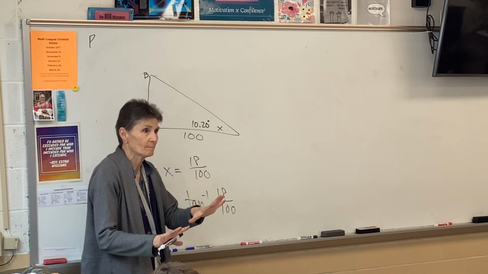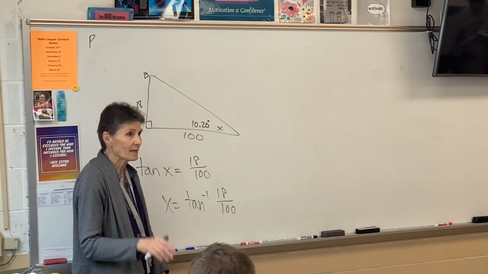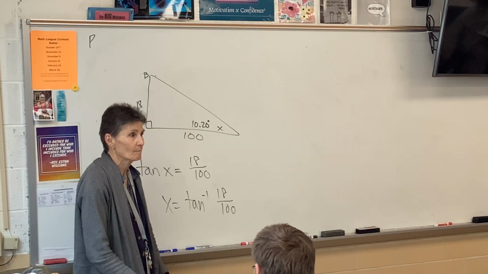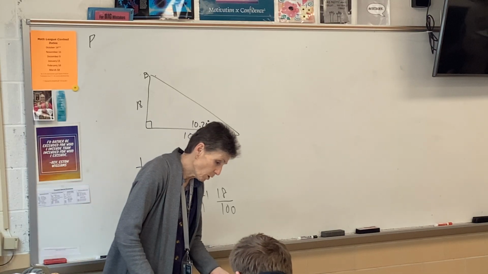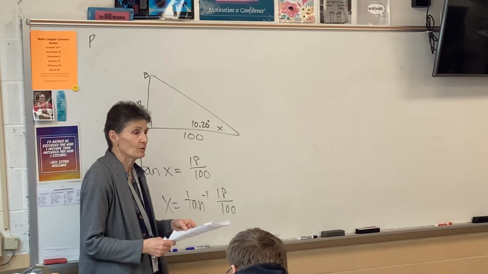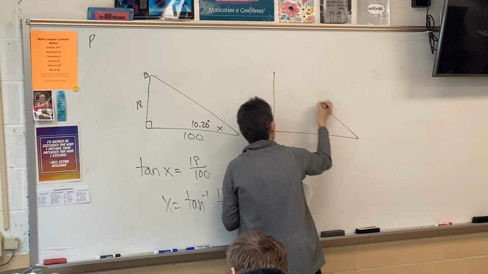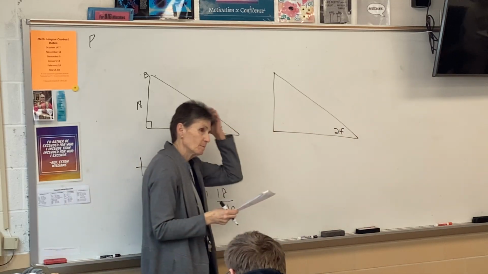Normally it's degrees. So if you got point something as your answer, then it's probably a radian. Now the next one, I have to be in degrees because problem B literally says your angle is 24 degrees. It says that in the problem.